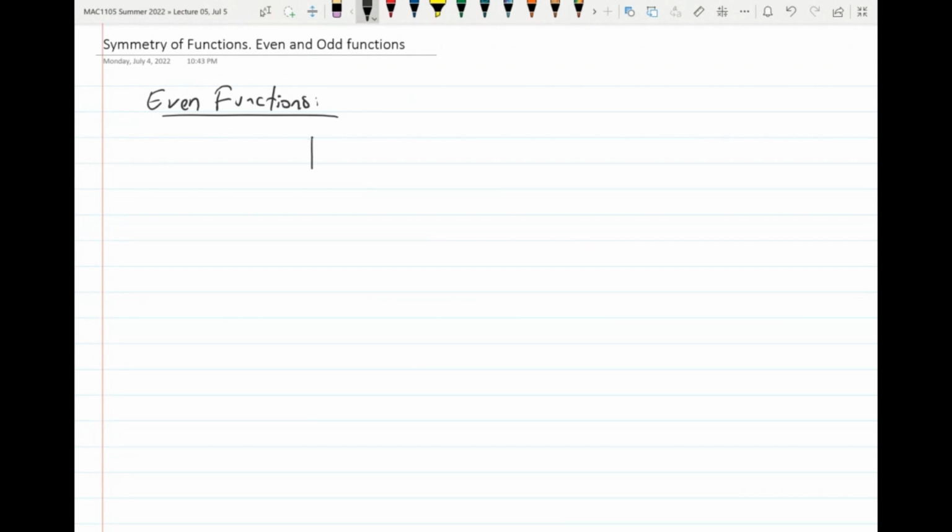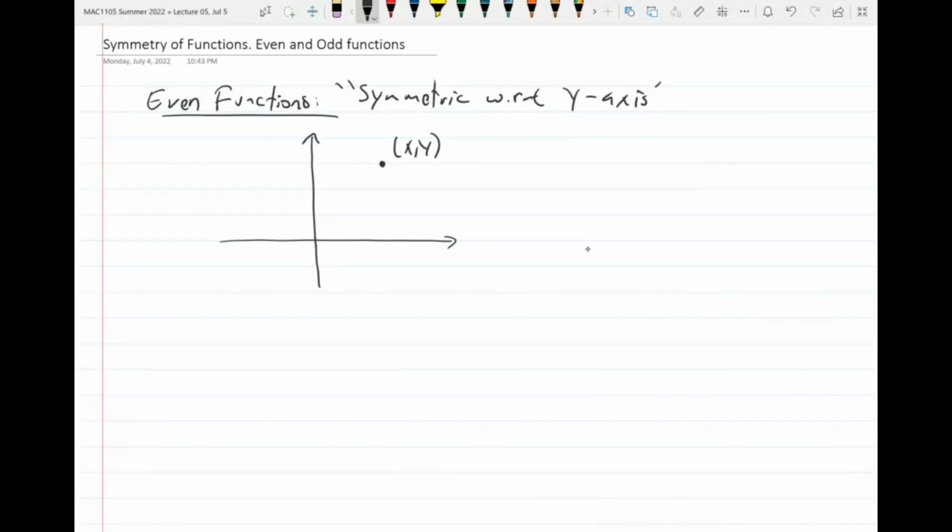Let's just go straight with the definition. Suppose that you have the following condition. For a function to be even means that it's symmetric with respect to the y-axis.